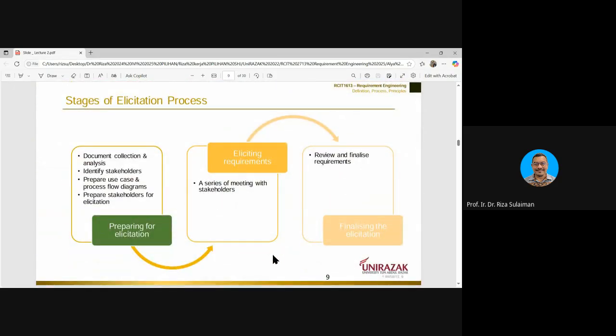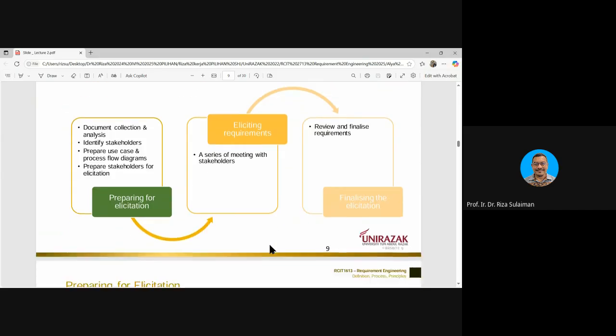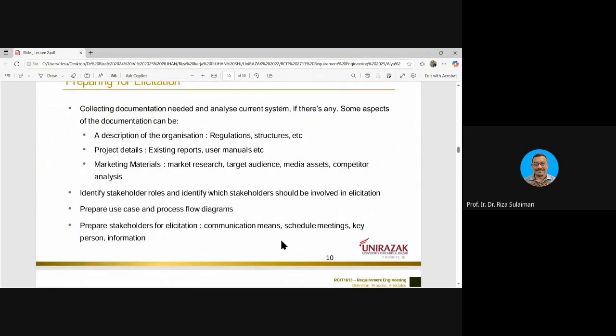Now, in the elicitation process, we usually need to prepare the elicitation, as mentioned before, and always review and finalize the requirements. Here you need minutes of meetings, or even sketches or drawings, to make sure that you understand what your stakeholder wants. In this slide, I'm showing you some practices that should be done: collecting the documentation needed and analyzing the current system, if there is any.